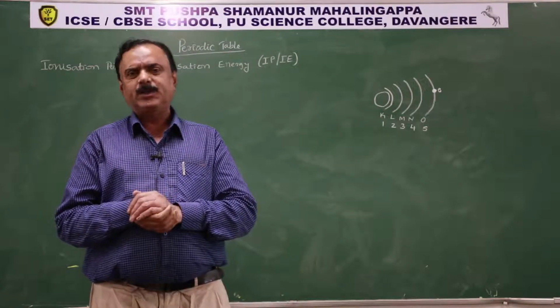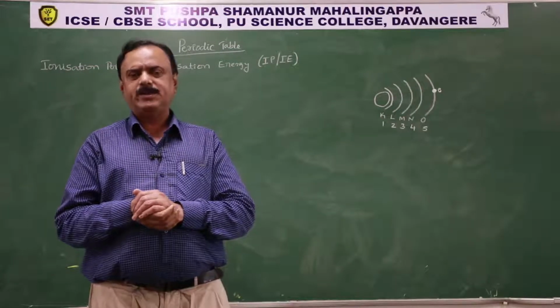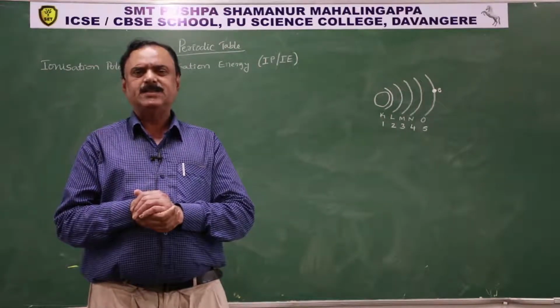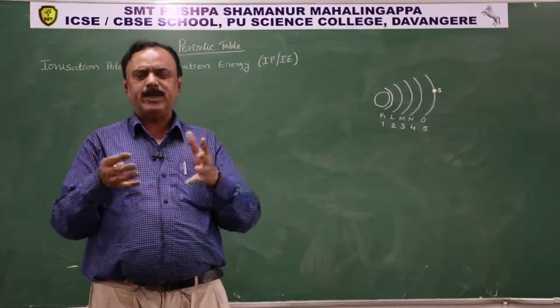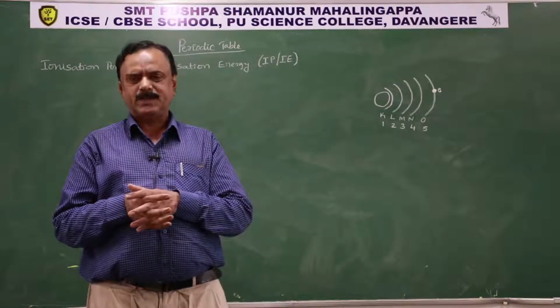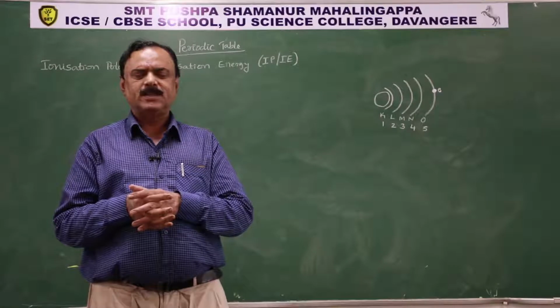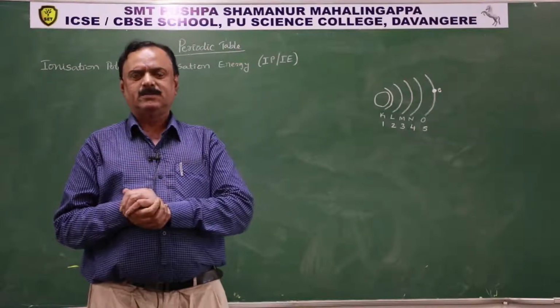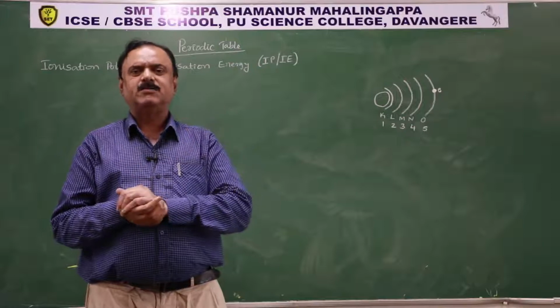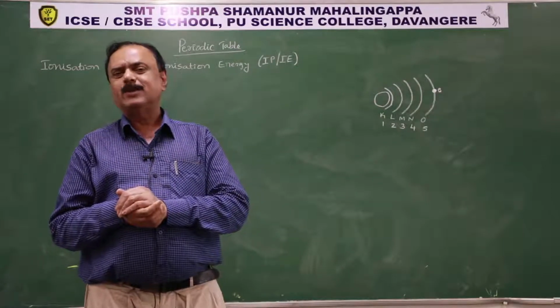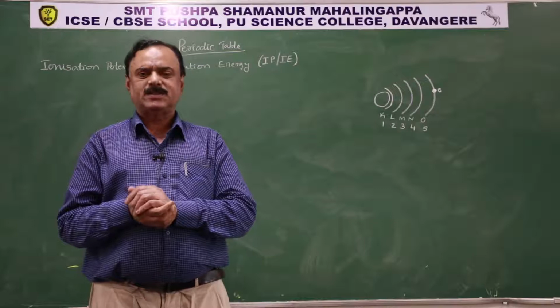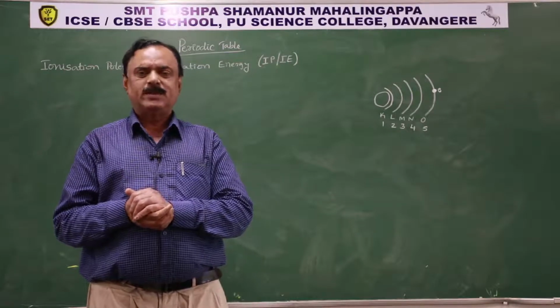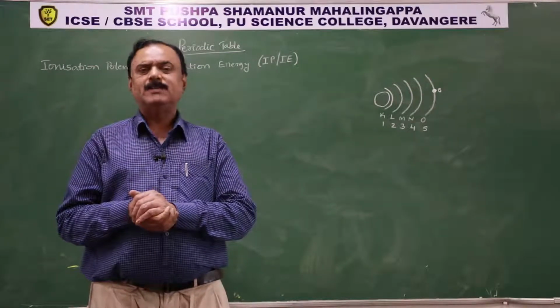Therefore, ionization potential or ionization energy is accompanied by the absorption of heat energy. Is it clear? Therefore, energy is always required, so it is an endothermic process. Delta H of the process is always positive.